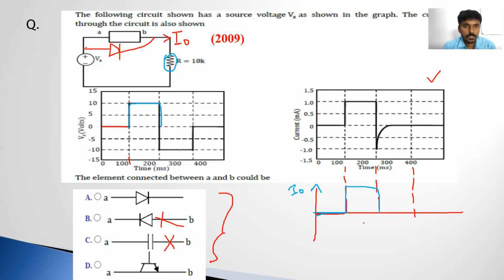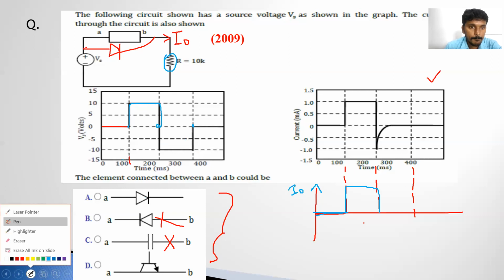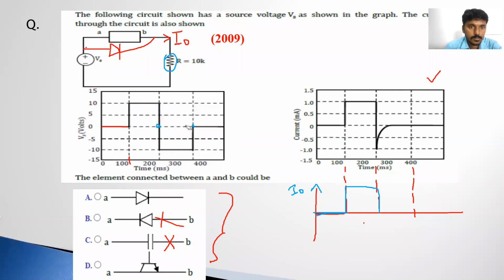From this point to this point, from 200 to 300, is the supply voltage positive or negative?